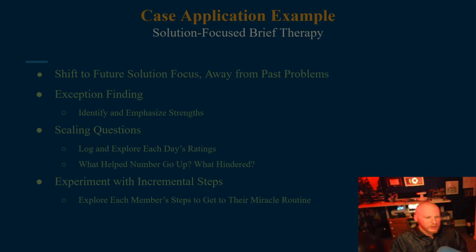So it's trying to learn where they're at and figuring out how to get them to the future that they're trying to get to. It's less abstract and more concrete charting, numbers going up, numbers going down, trying to identify and emphasize strengths.